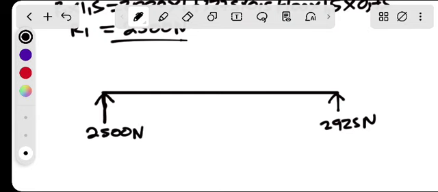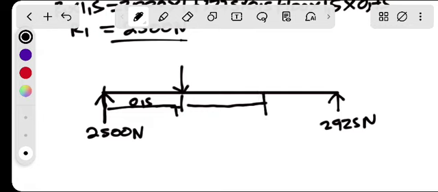So this distance until there of 0.5, we have some force here. We have the force that is acting there, 0.5 meter. Also here in the middle we have another 0.5, as you have seen there, 0.5 meter.